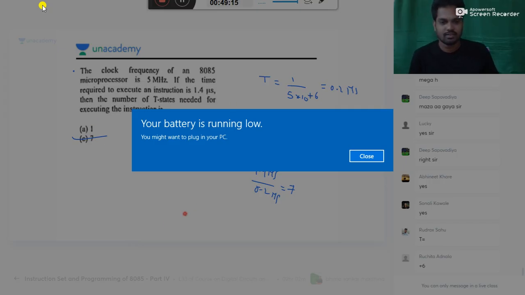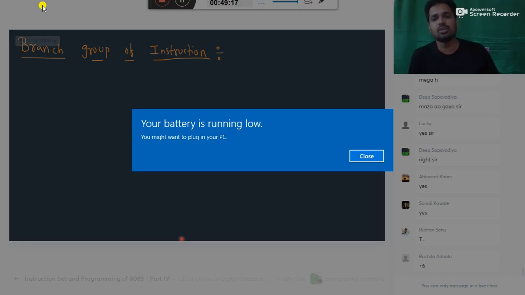Okay, fine. So the branch group of instructions. What are the instructions we discuss here? Very simple. Your program is running like this. Suddenly you jump to some other location.